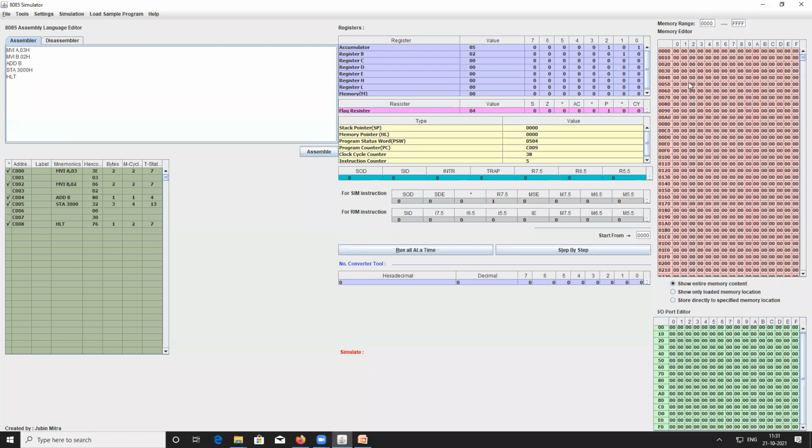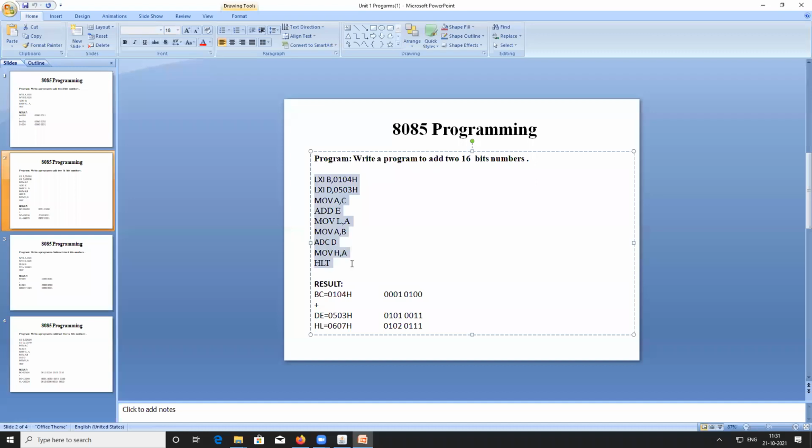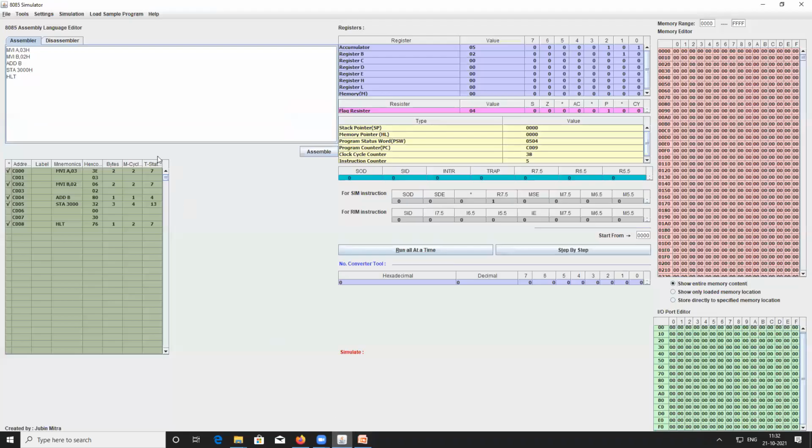So this is the programming of the store location. Then we will discuss 16-bit programming.